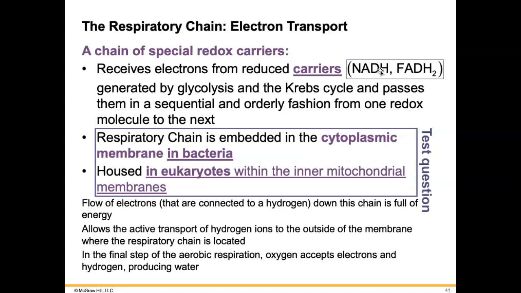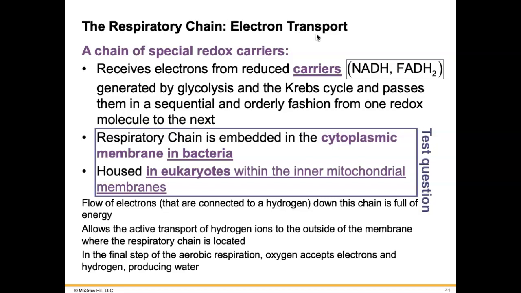Whenever we talk about electrons, just try to remember that you have a hydrogen present with it. So the NADH and the FADH2 are generated by glycolysis and the Krebs cycle and pass them in a sequential and orderly fashion from one redox molecule to the next. This is in the ETC.